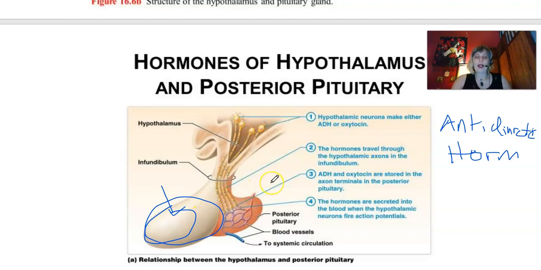I've even read about incidents where they have measured oxytocin levels with the amount of hugging. The more you hug, the more oxytocin is released. So that's an interesting little side note. Anyway, those are the functions of the two hormones released by the posterior pituitary but made in the hypothalamus.